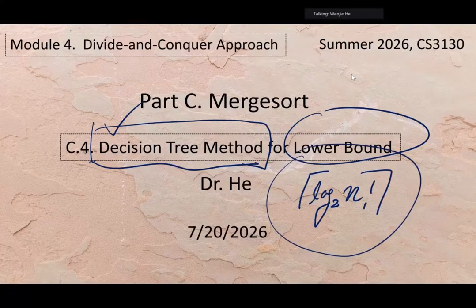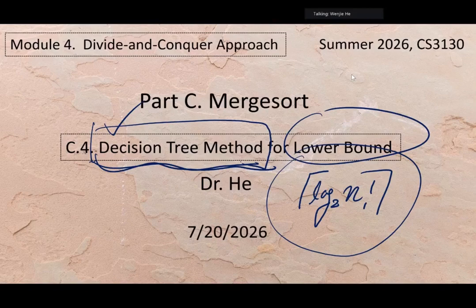How to derive this formula? So I want to use the remaining 20-something minutes to show you the main idea, the decision tree method. Not recursion tree, but decision tree this time. A different thing.